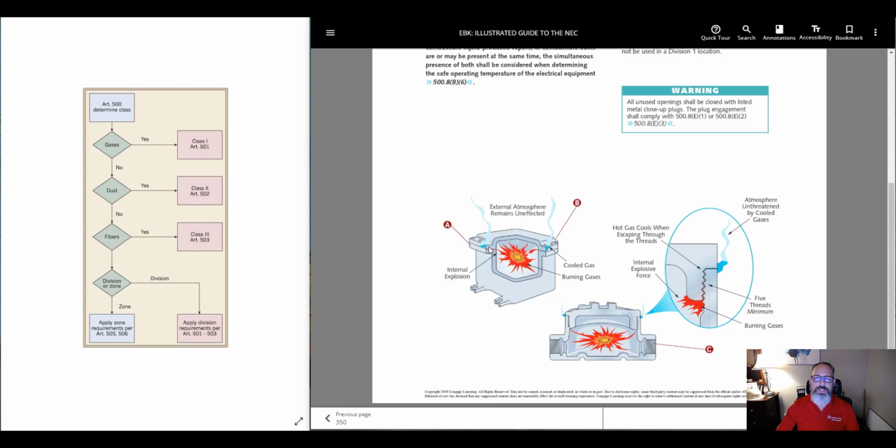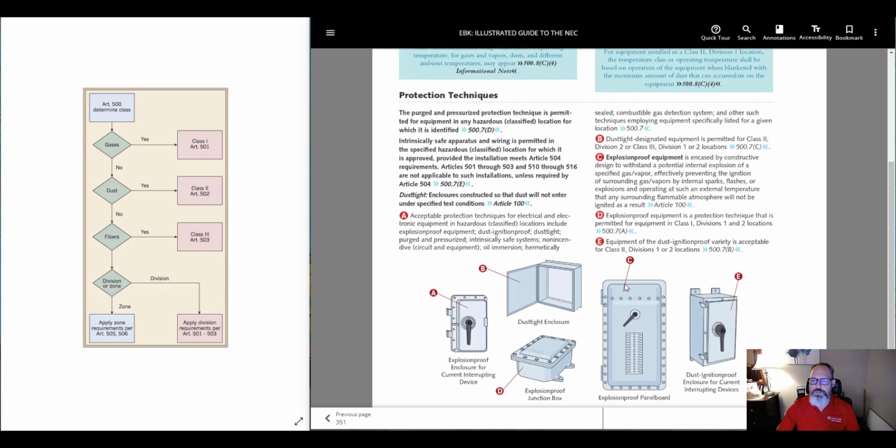And the flange is thick enough or wide enough that the gas is cooled on the way out. So that is the principle behind making sure that we contain the arc in the box, and that whatever escapes out of it is not hot enough to ignite the vapor in the air around it.